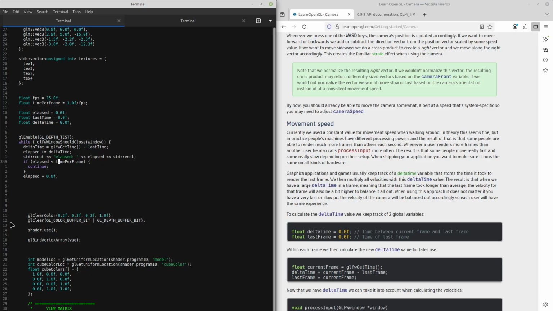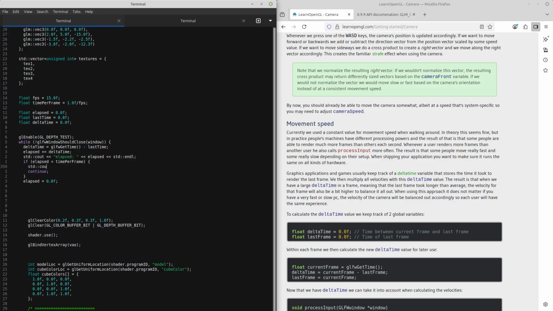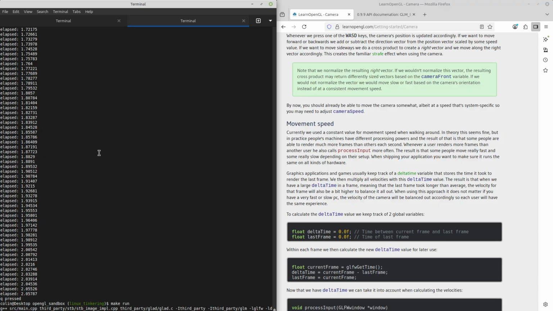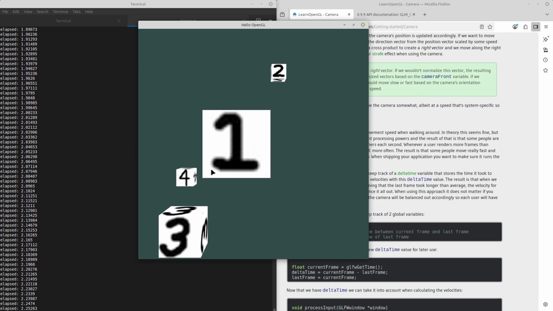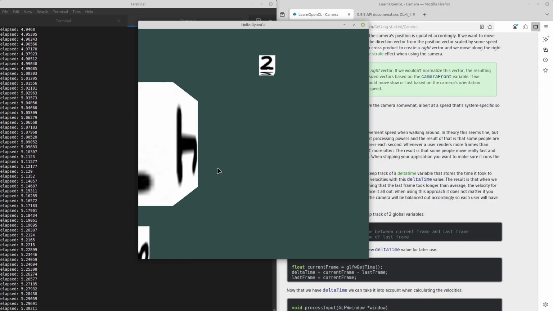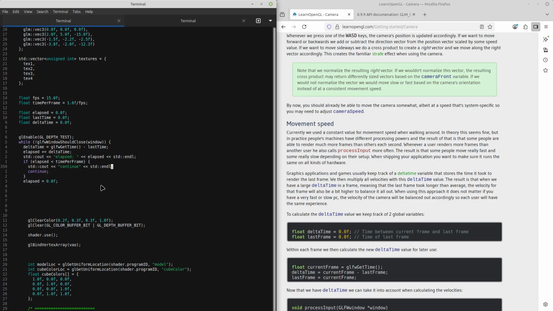I'm trying to not do any of the drawing stuff unless enough time has passed, so that we can simulate a certain frame rate. Oh, you know what?